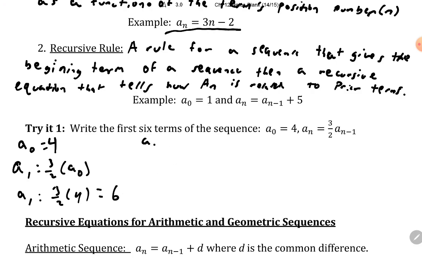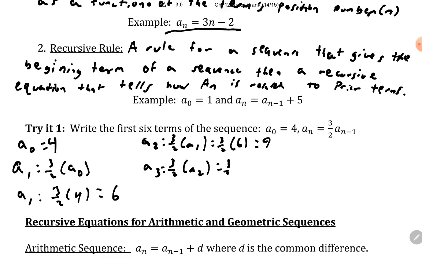If I wanted to find a sub 2, I'll take 3 halves of a sub 1, which will give me 3 halves of 6, which is 9. A sub 3 is 3 halves of a sub 2, which is 3 halves of 9, which is 27 halves.